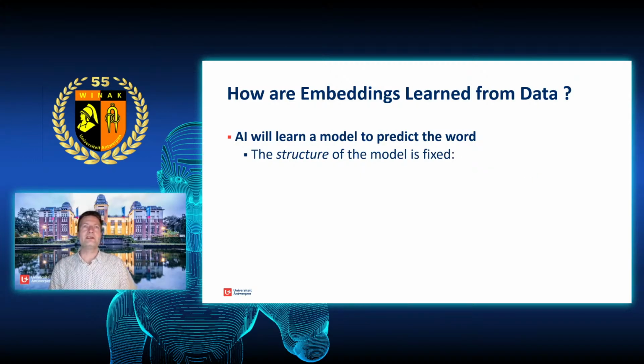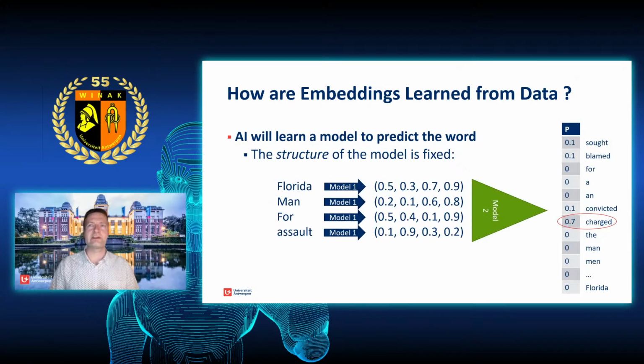So in order to do that, the structure of the model is usually fixed, and it's fixed in such a way that when we learn the model, it will have some useful side properties. But for now, let's concentrate on the format of the model. So the input are the 4 context words that you see on the left-hand side, and the output here on the right-hand side is a probability distribution over all possible words.